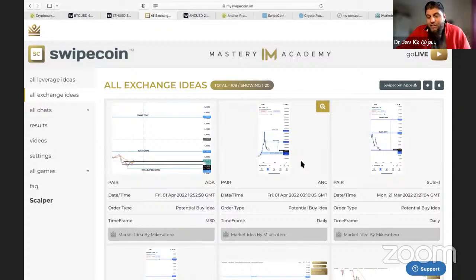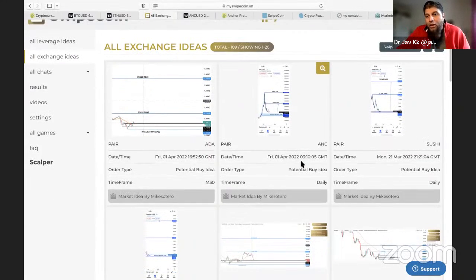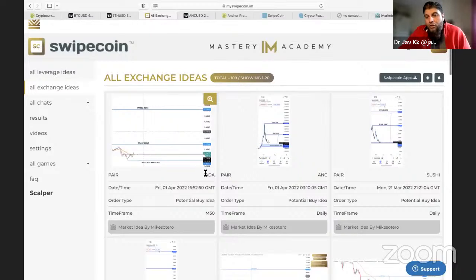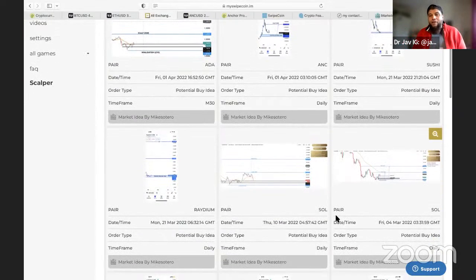Now, more than 80% of these alerts will actually derive you a profit. For example, recently on the 1st of April, we recommended you have a look at Cardano, ADA, then there's ANC protocol, Sushi.